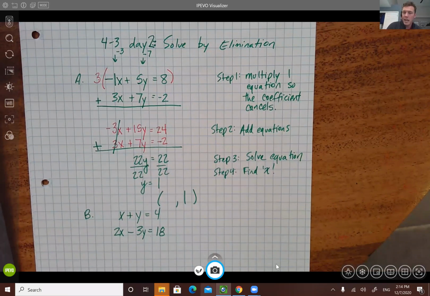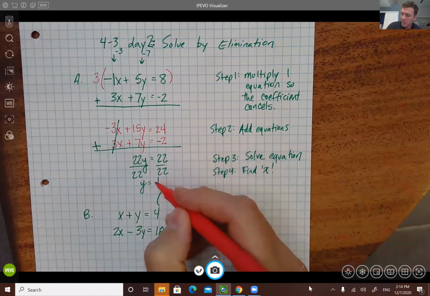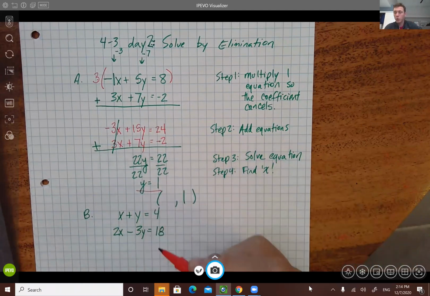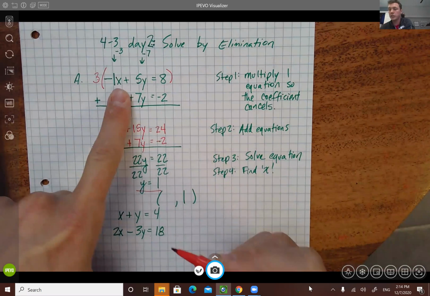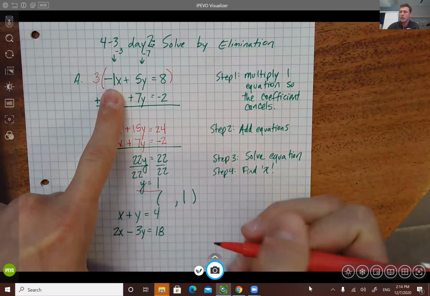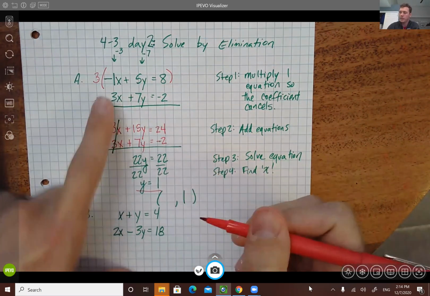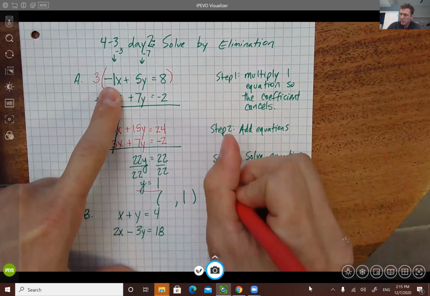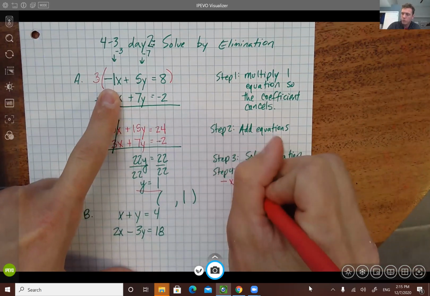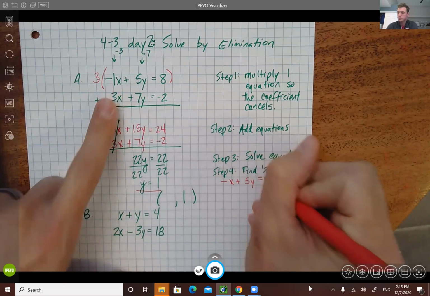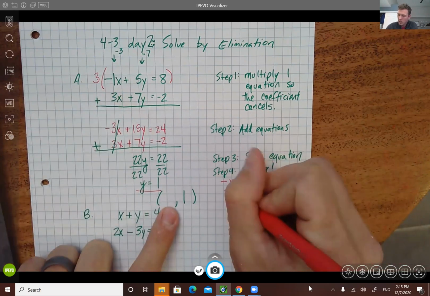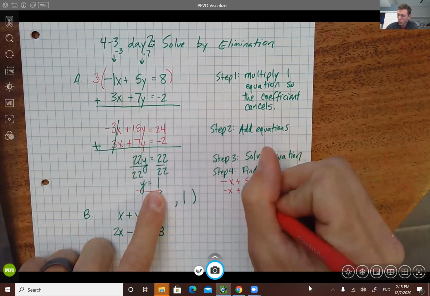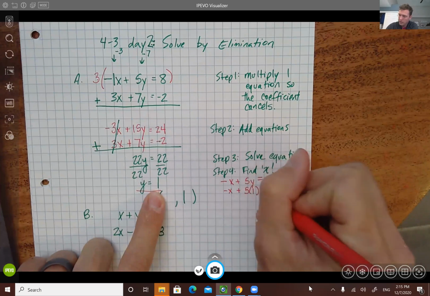To find the x, we take the number that we just found and put it into one of the original equations. So I want to take this top equation, which is negative x plus 5y equals 8, and I'm going to substitute 1 for y.